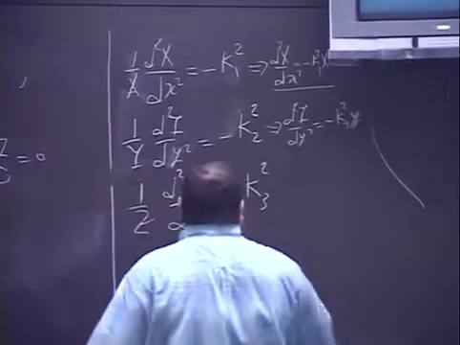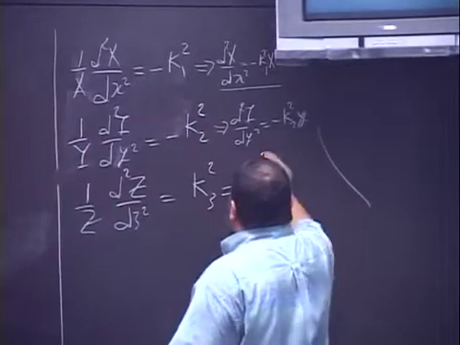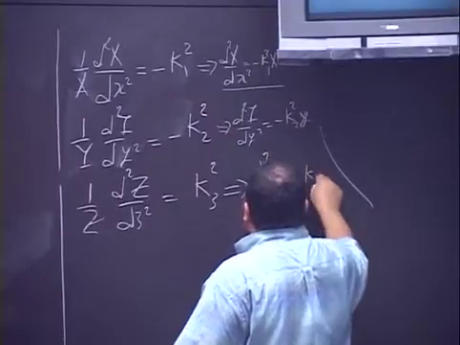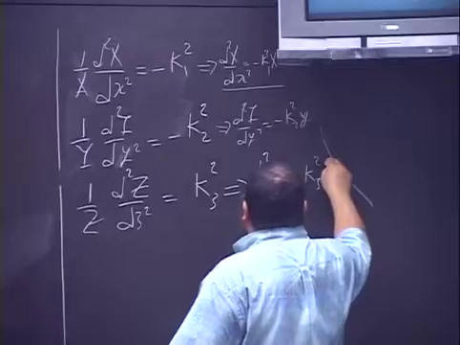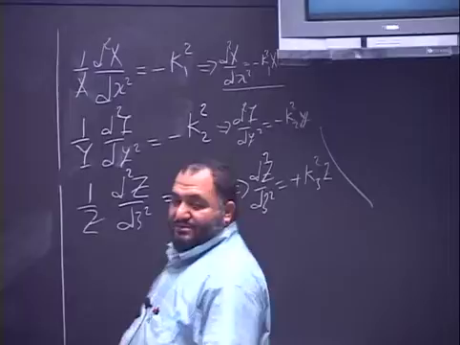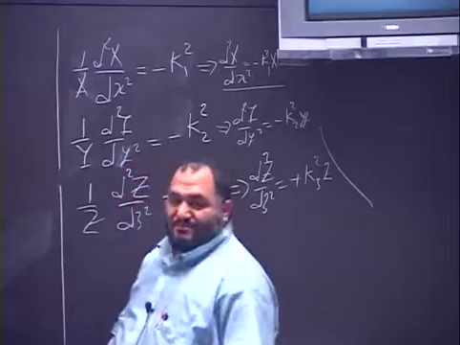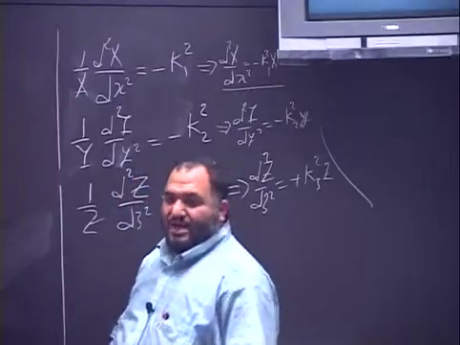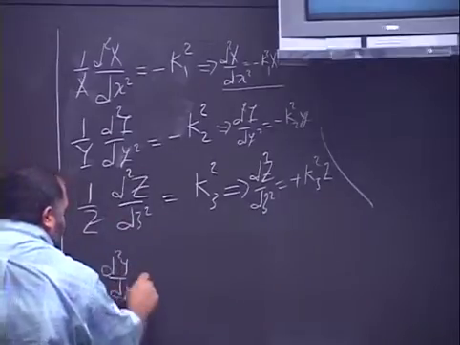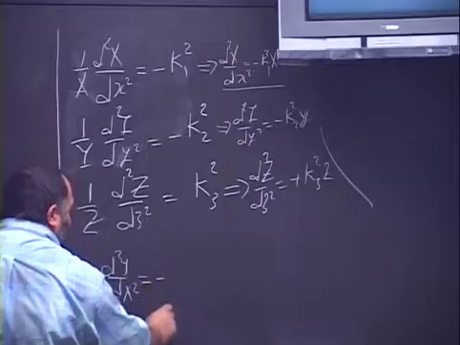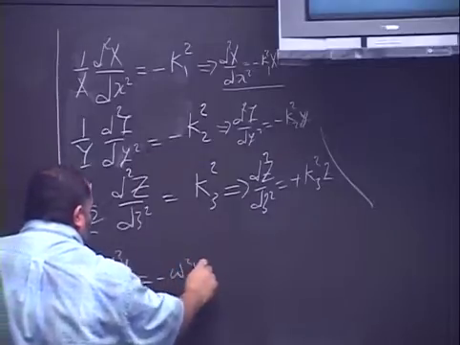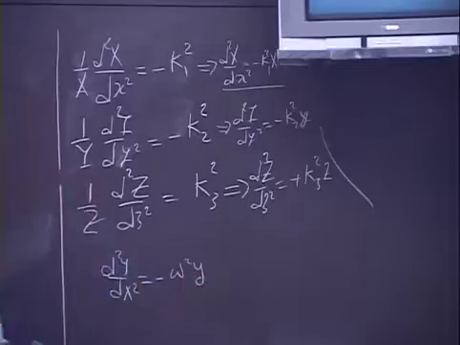To L squared. From here, this equation is d²Z/dz² equal to plus k3² multiplied by Z. By the way, why do we choose squares? Easier to work with. Why? Because if you remember the equation d²y/dx² equal to some constant omega squared multiplied by y, what is this?